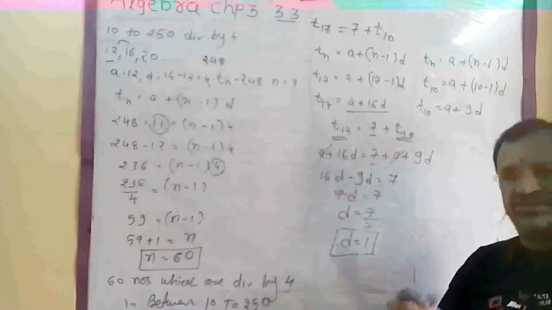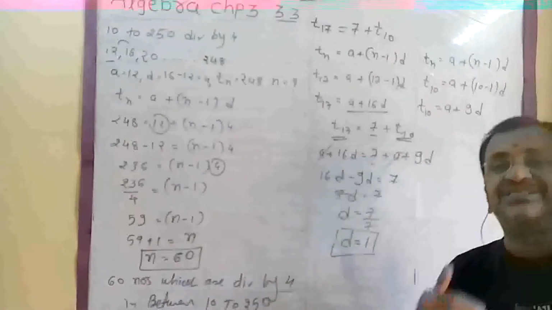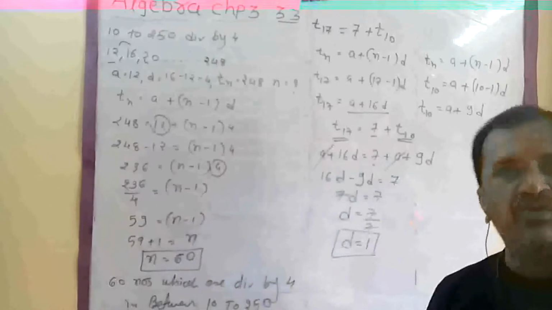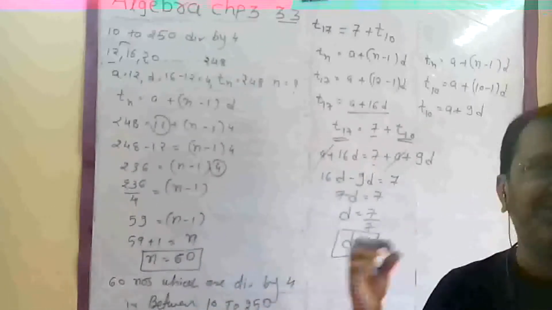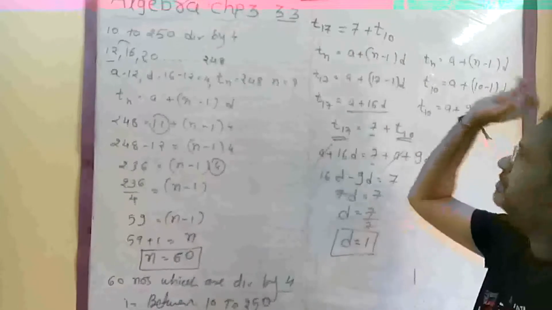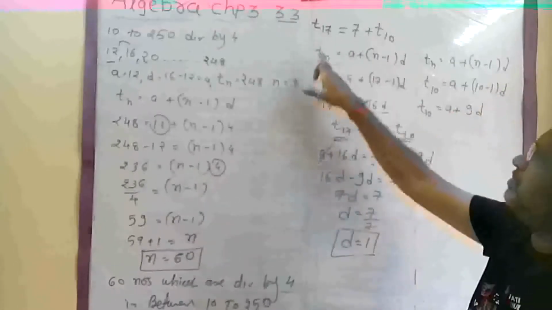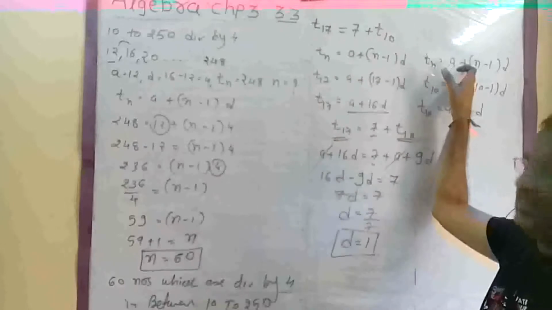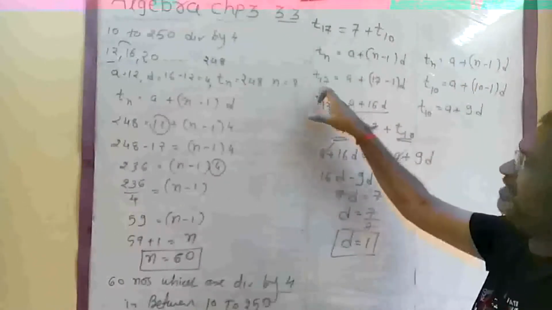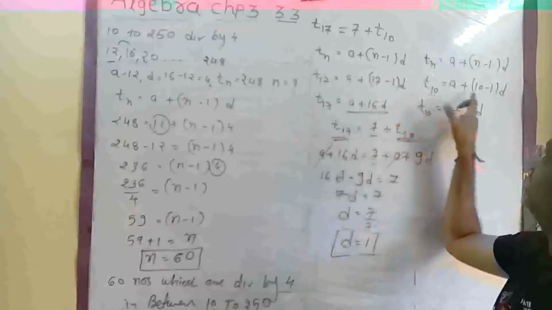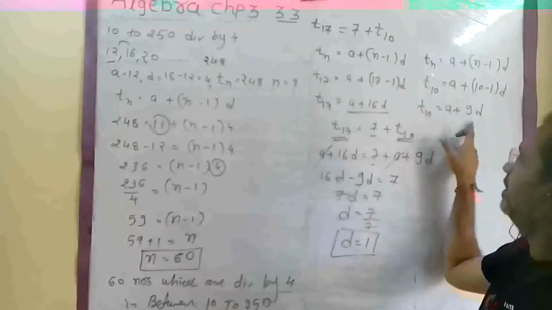In the first line of the question they have given that the 17th term is exactly 7 more than the 10th term. So Tn is equal to a plus (n minus 1)d. 17 minus 1 is 16, 10 minus 1 is 9.